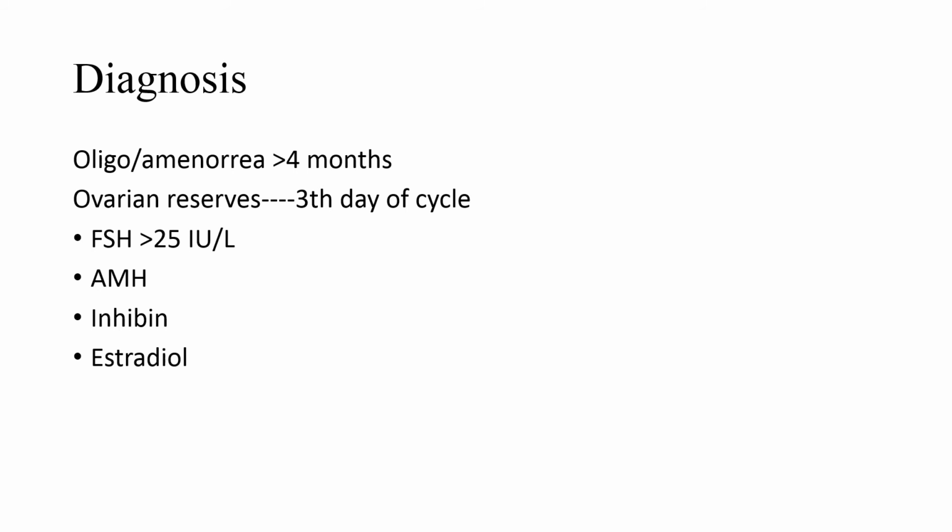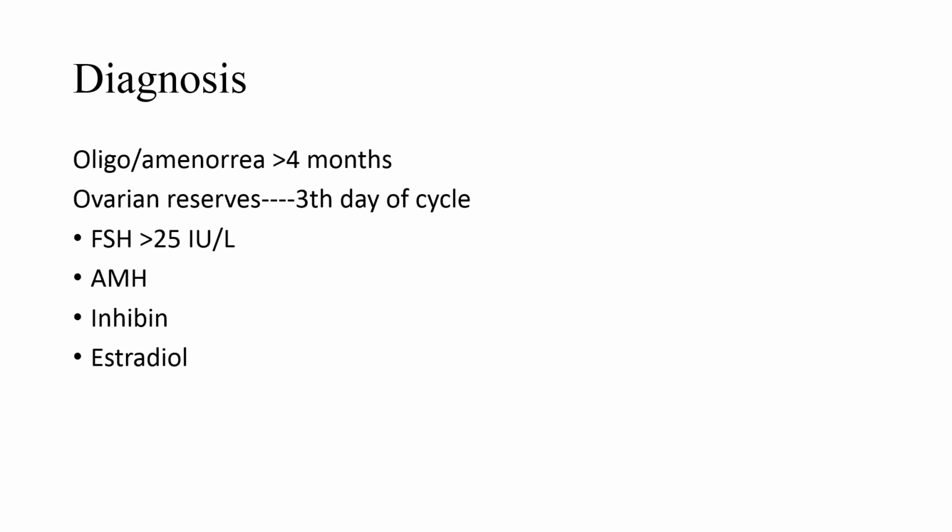So there could be amenorrhea, that is the total absence of menstrual bleeding or cycle, in women of less than 40 years of age. So the first criterion is the absence of menses, or a lower frequency of menses than normal, and it should be for more than 4 months.